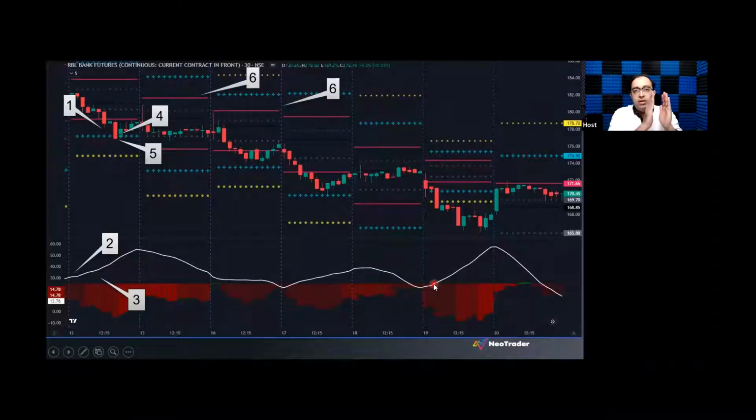Is everyone clear about the first position and second position? Please type 1 plus 2 on the chat. First position, second position. Yes, you have to wait for a 30-minute candle close above H4.